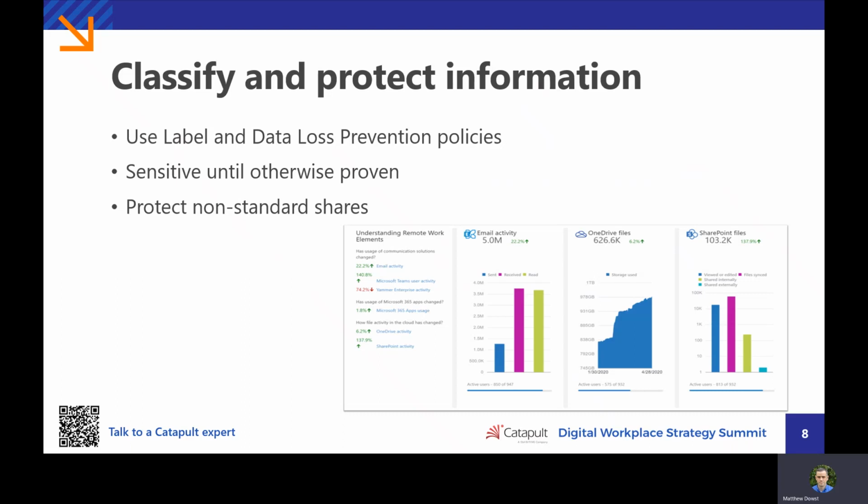I'm not going to go too in depth into details on labels or DLP, as there are separate sessions in the summit that will deep dive into those. But as it relates to external sharing, they can be invaluable. One of the best ways that they can help is by setting files as sensitive by default.